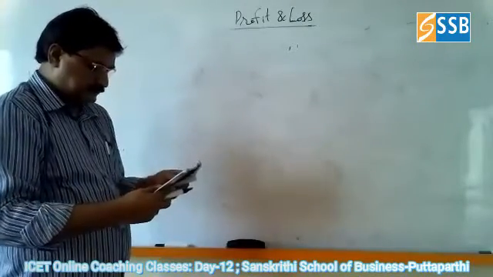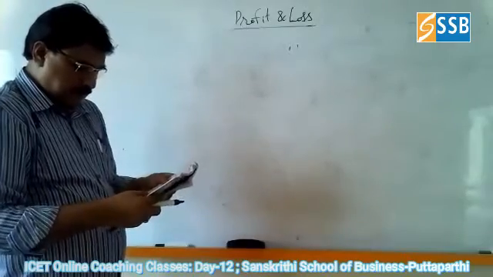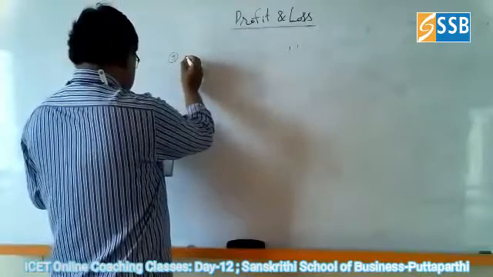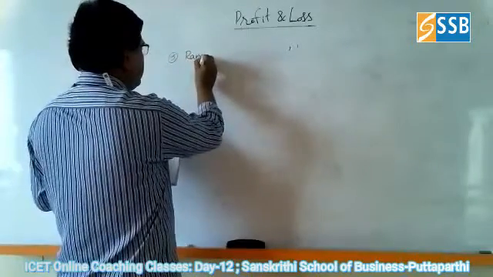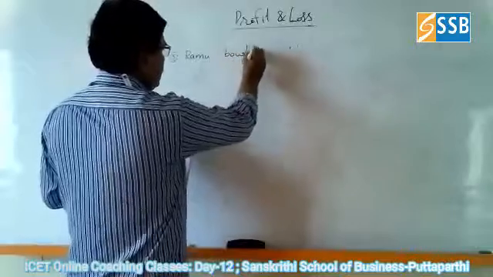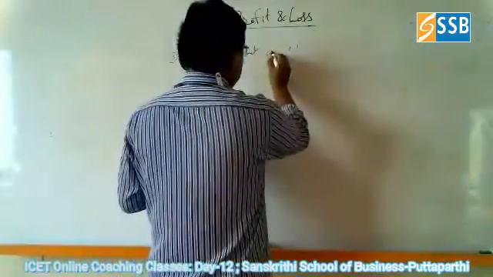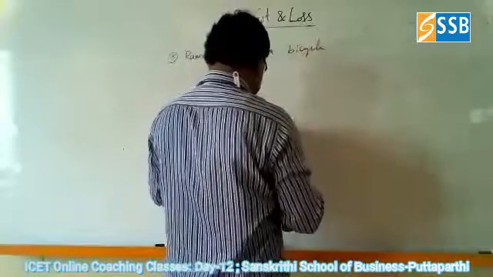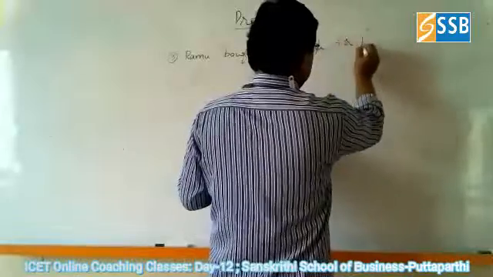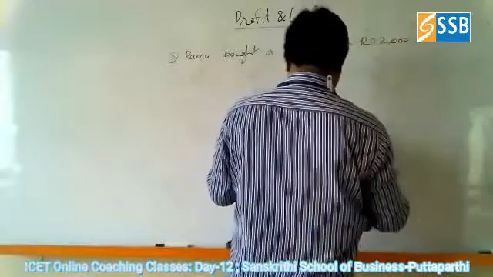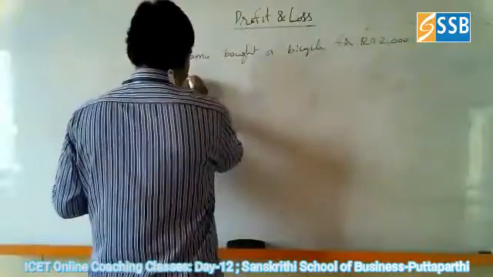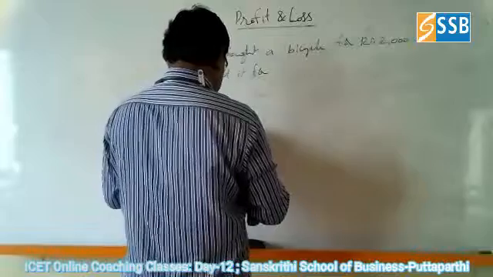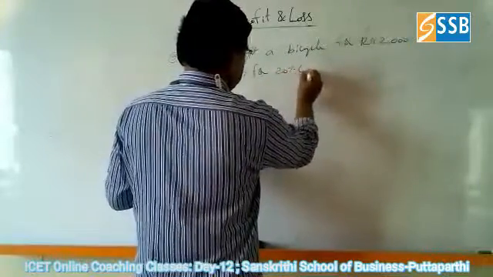Next the thing is, another, fifth one, Ramu bought a bicycle for rupees 2000 and sold it for 20% loss.